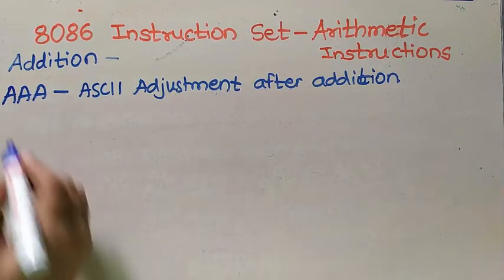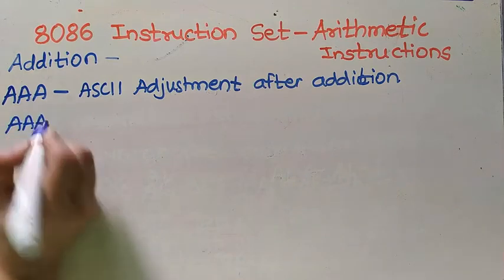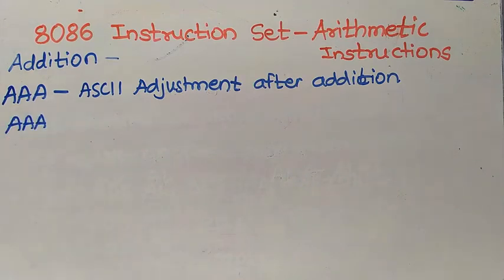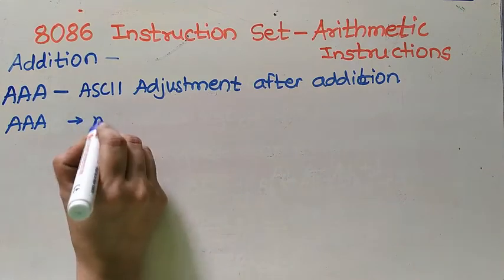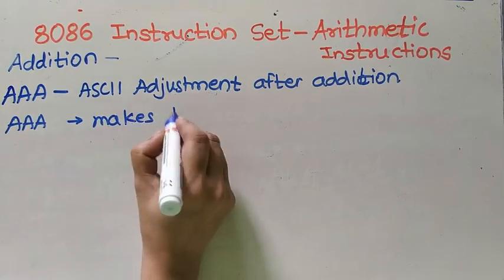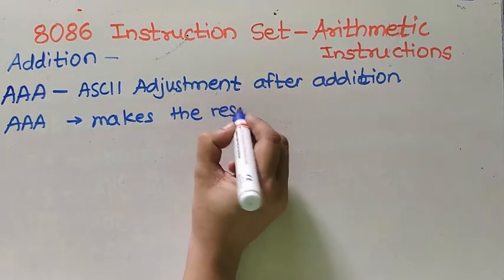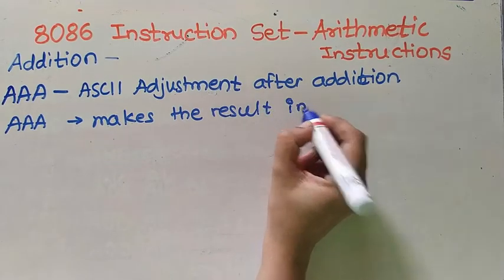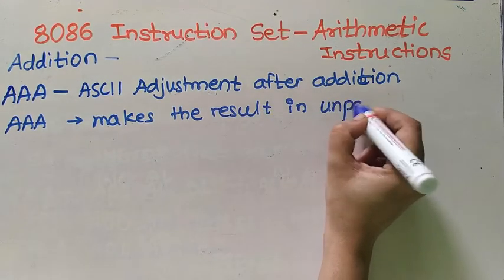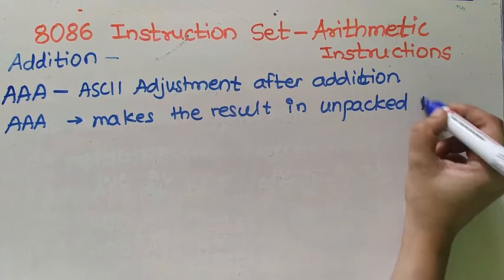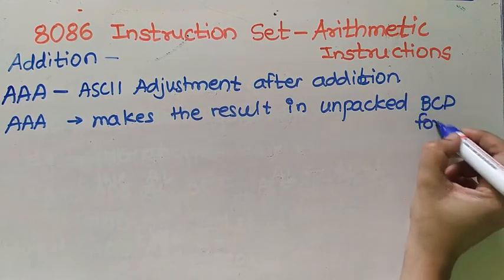The mnemonic is AAA. What this AAA does is it makes the result be in unpacked BCD format.